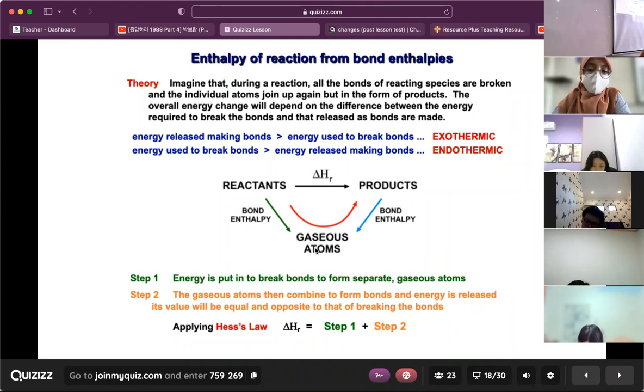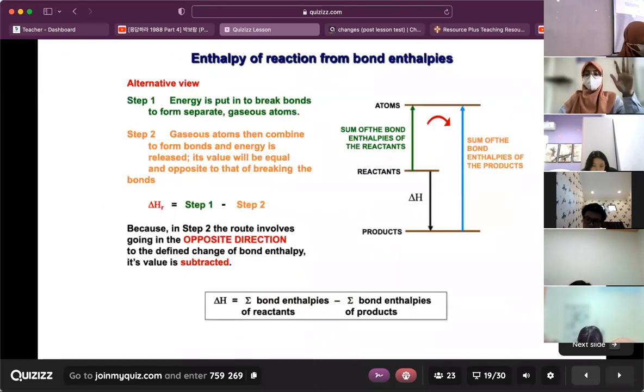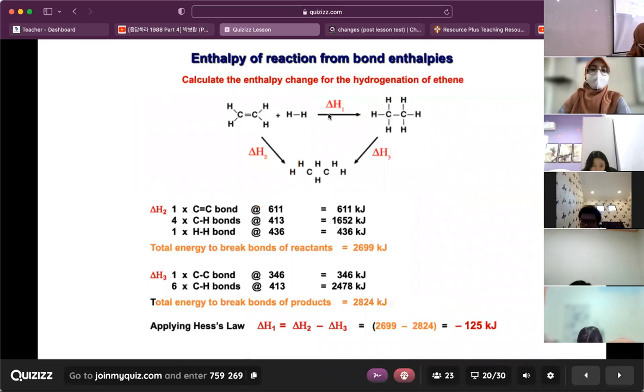So the one on the top and the one on the bottom here are the gaseous atoms of every atom here. Okay, so we can calculate this using this minus this. So you can use bond breaking minus bond making. Bond breaking means the total bond enthalpy in the reactants minus the total bond enthalpy in the products.